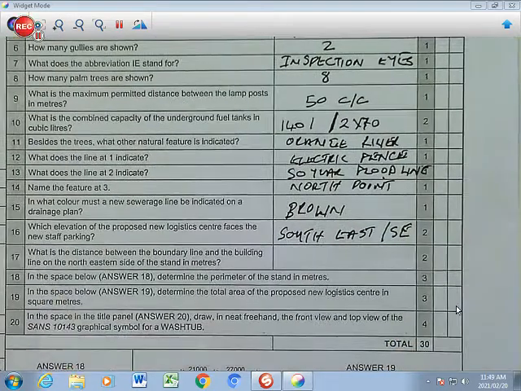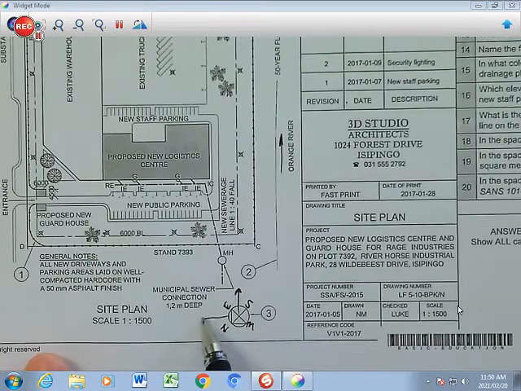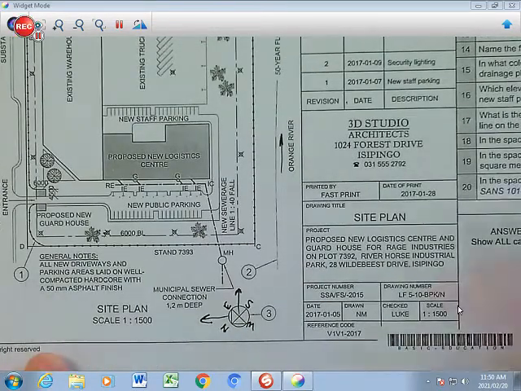And then 17, what is the distance between the boundary line and the building line on the northeastern side of the stand in meters? The northeastern. So we're going to go back to our symbol, and you're going to find that north is here, east is there. It is going to be something on this side here of your stand.